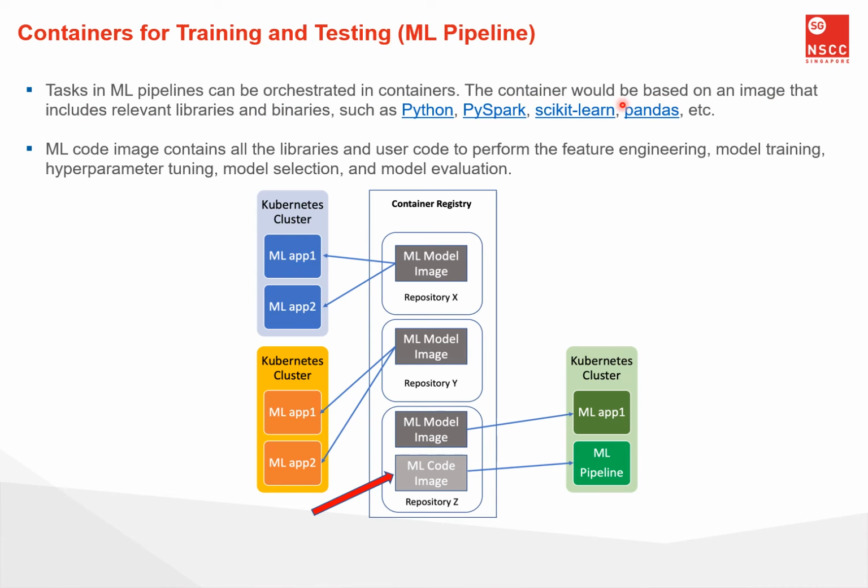The container could be based on an image that has all the relevant libraries such as Python, PySpark, scikit-learn, and pandas, and the machine learning code containing all the libraries and user code to perform feature engineering, model training, everything that you need to build a model. Feature engineering, model training, and hyperparameter tuning would be contained within this image. So when we spin this up, we are able to just feed it the data, and it will be able to build the image for the application and the model for the application.